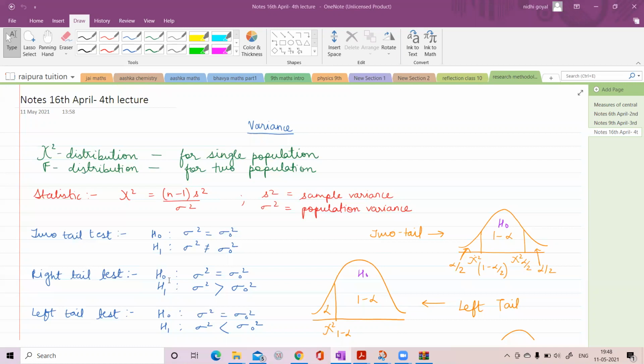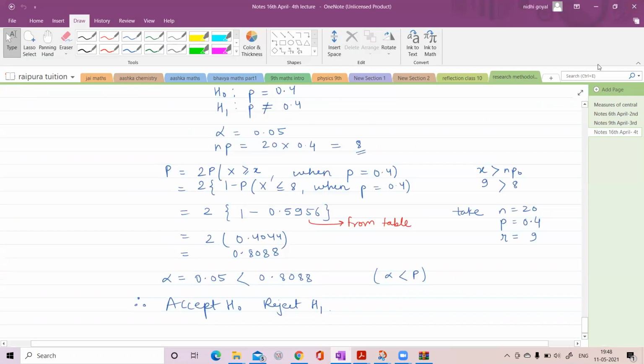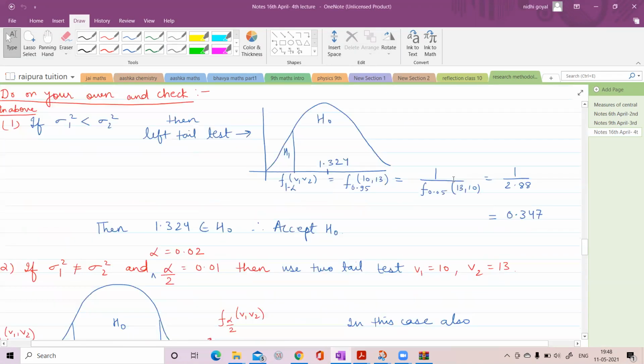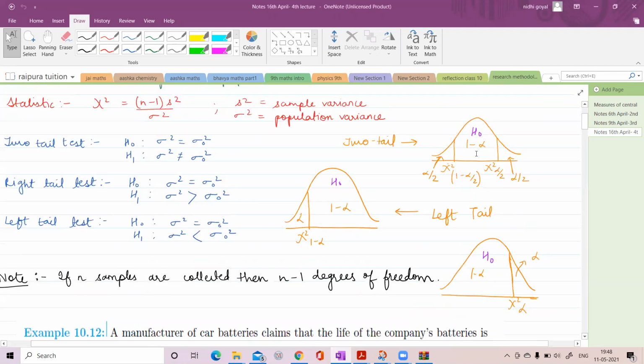For a right-tailed test, this is the algebraic representation and this is the bell curve, and the critical point is chi-square 1 minus alpha. And this is the left tail test, with its algebraic representation and the bell curve diagram of the left tail test and chi-square distribution.